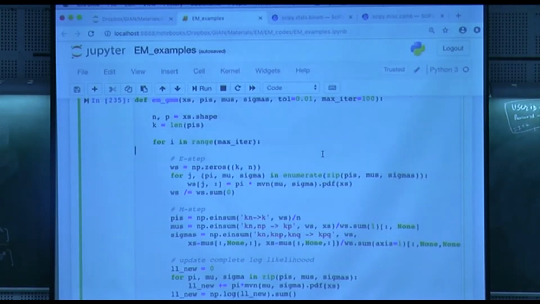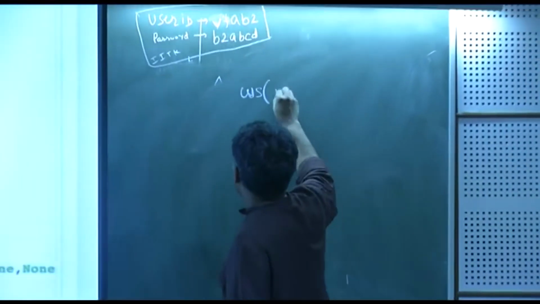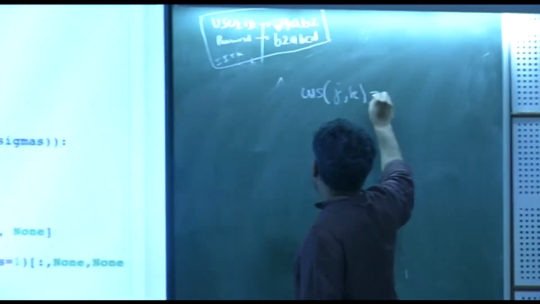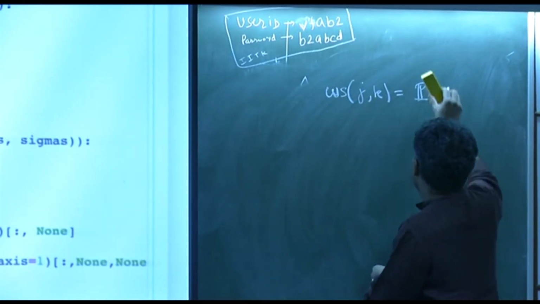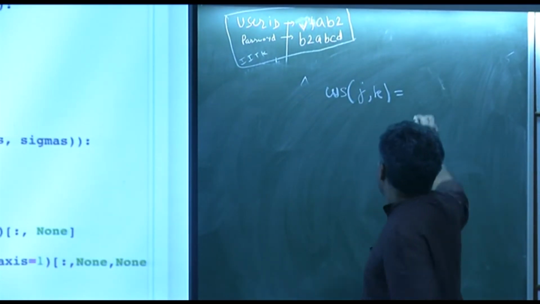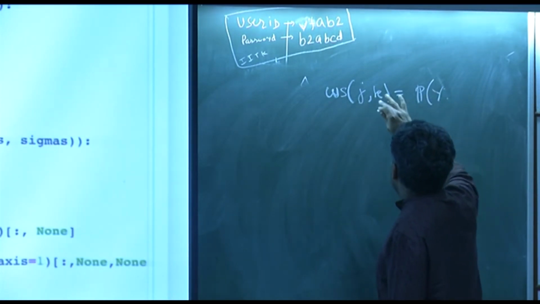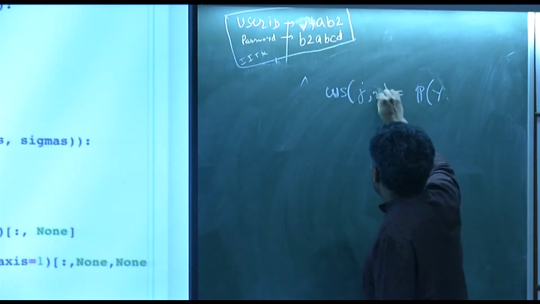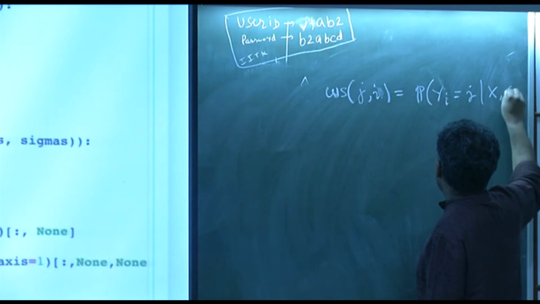So let's look at this WS, which will give you some idea. WS is a matrix. WS_jk is the weight, the probability that Y_i is equal to j given X_i and theta.